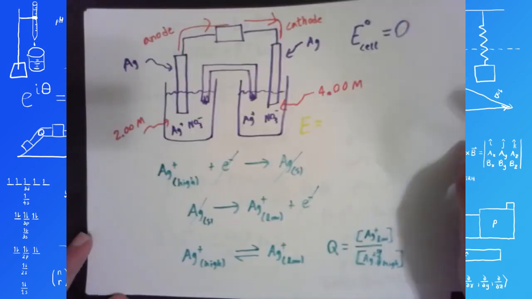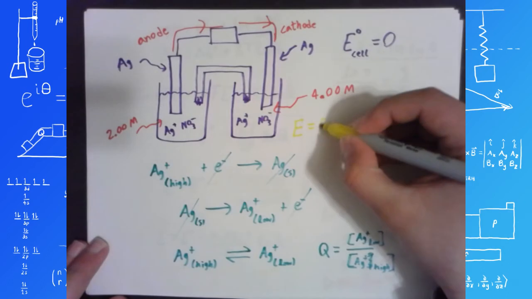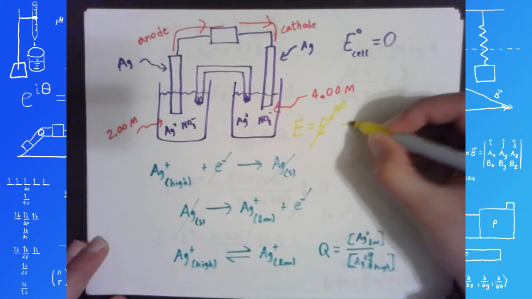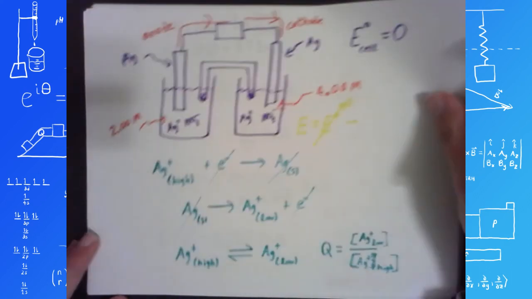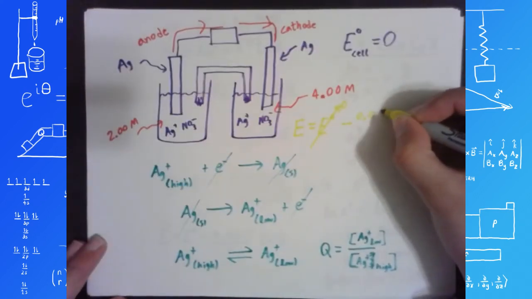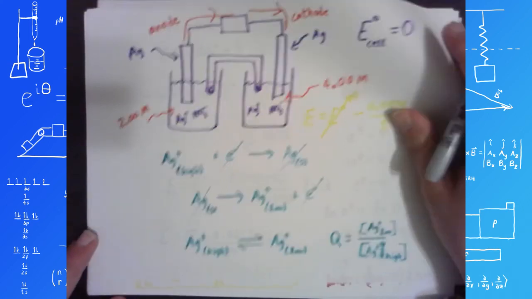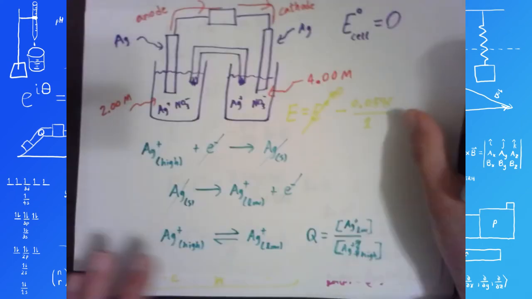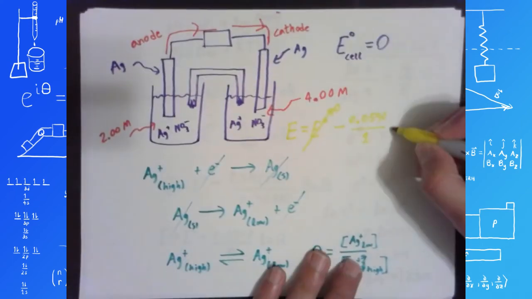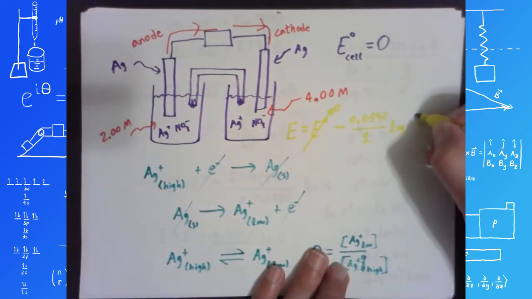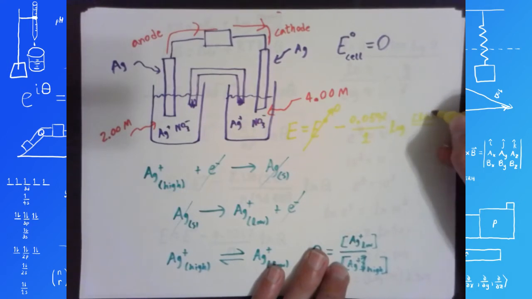So E is going to equal E standard, which is 0, minus 0.0592 over 1 times log base 10 of Q, which is low over high. Log of low over high silver concentrations.